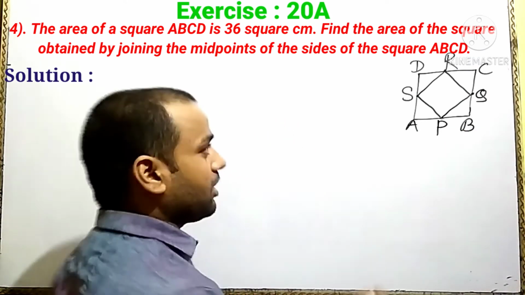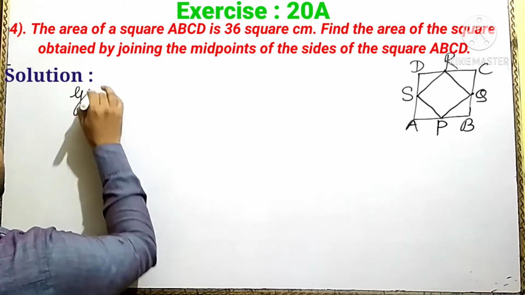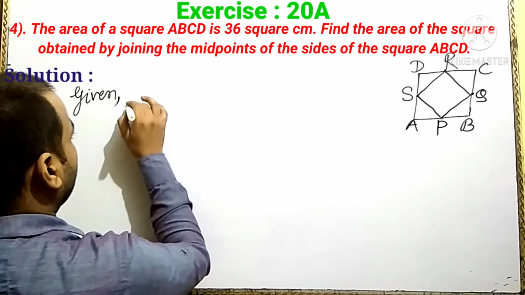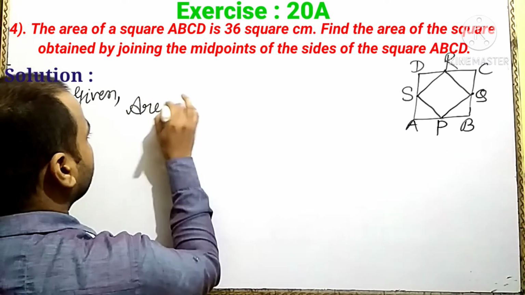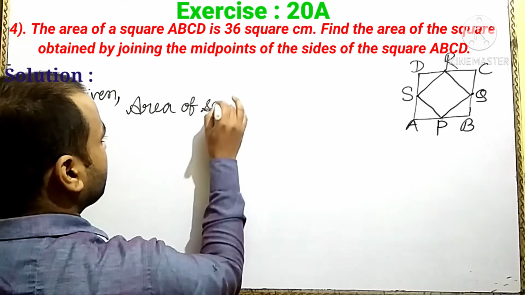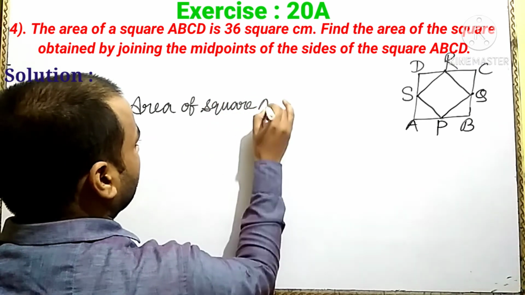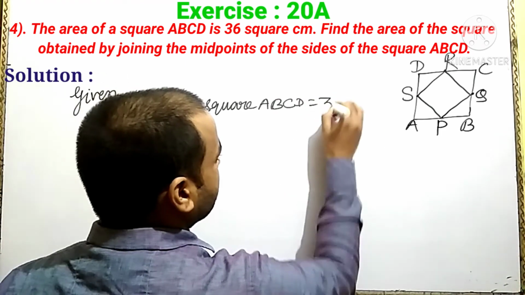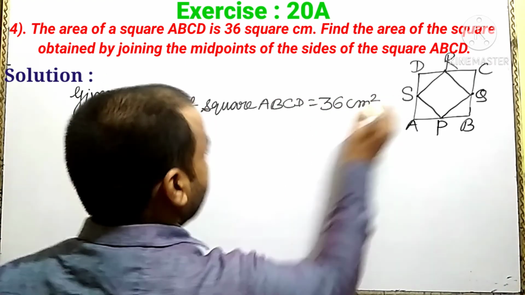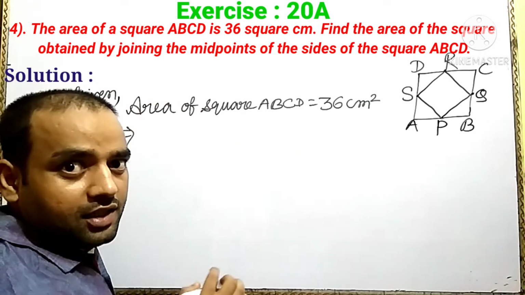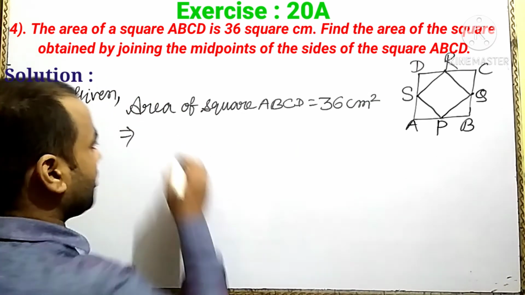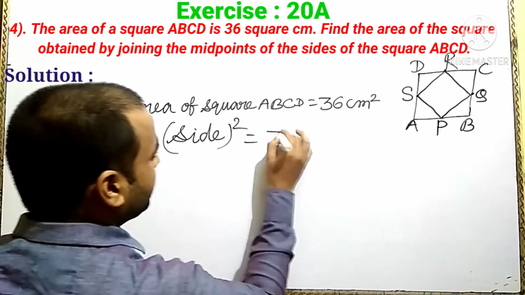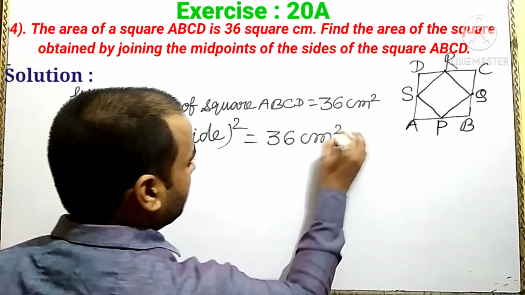Here given data: area of a square ABCD is equal to 36 square centimeter. So we know that area of a square is equal to side square, means side square is equal to 36 square centimeter.